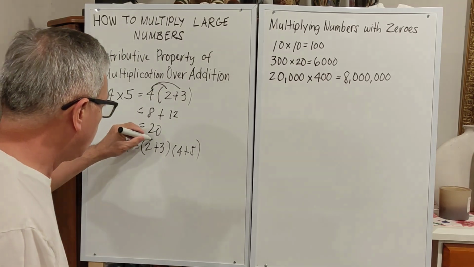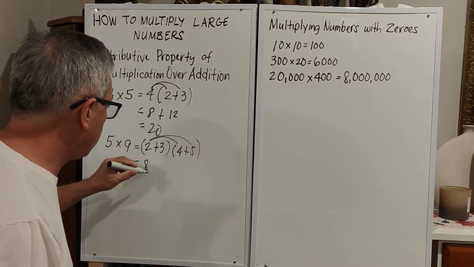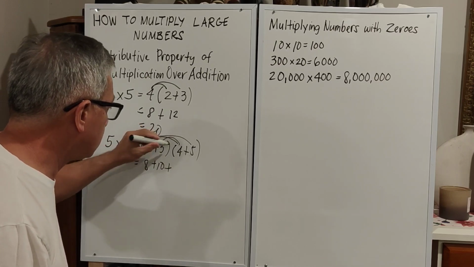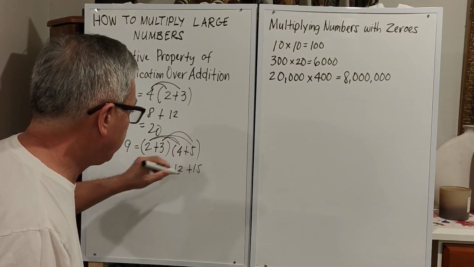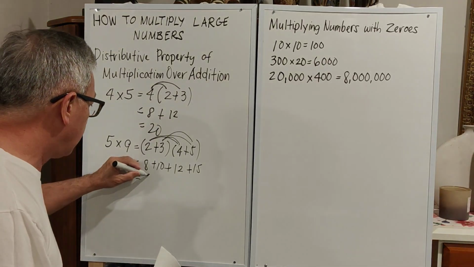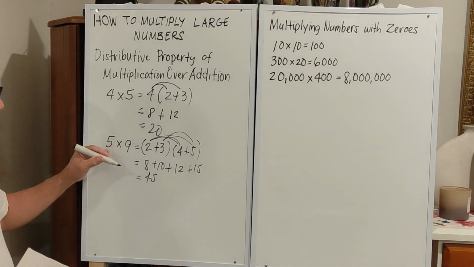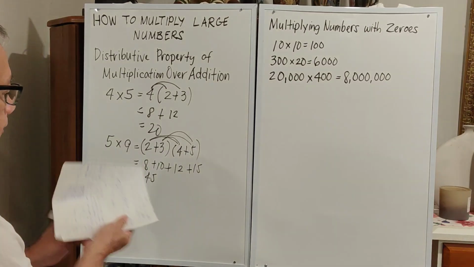So 2 times 4 is 8, 2 times 5 is 10, 3 times 4 is 12, 3 times 5 is 15. So if you add this all up, it will be equal to 45, which is the same answer as 5 times 9.